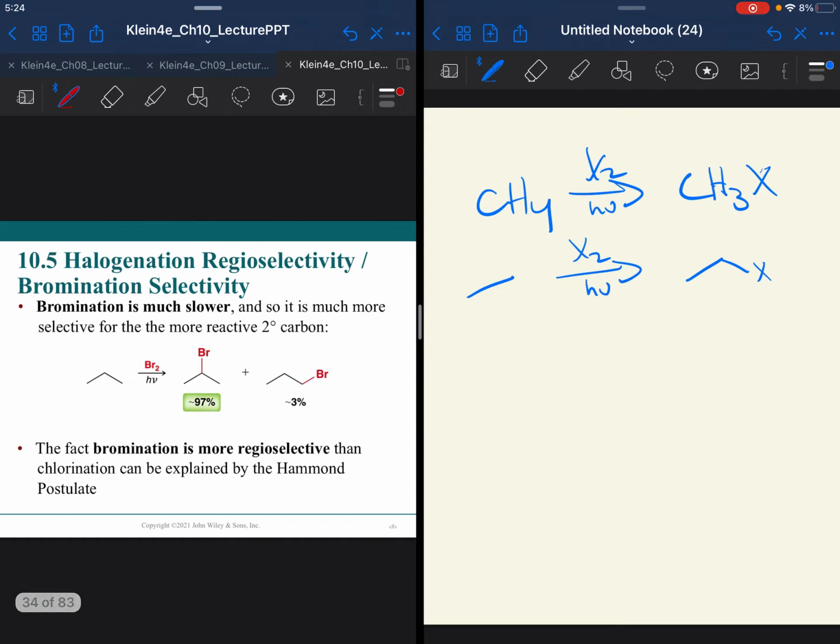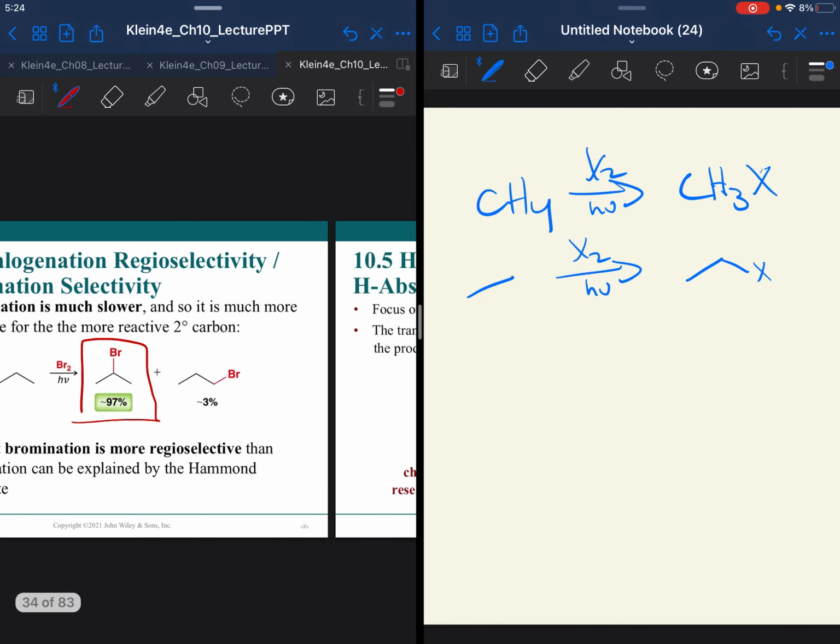But look what happens when we switch to bromine. We now have a significant major product. And this has to do with something called the Hammond postulate, which I usually skip over, but this is the only place it comes back up.